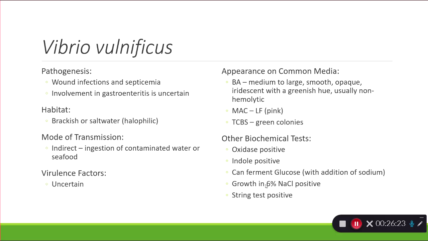On blood agar, they cause medium to large, smooth, opaque, iridescent colonies with a green hue, and usually non-hemolytic. On MacConkey, they are lactose fermenters, so they're pink, and on TCBS, they cause green colonies. In other biochemical tests, they're oxidase positive, indole positive, they can ferment glucose, they grow in 6% sodium chloride, and their string test is positive.